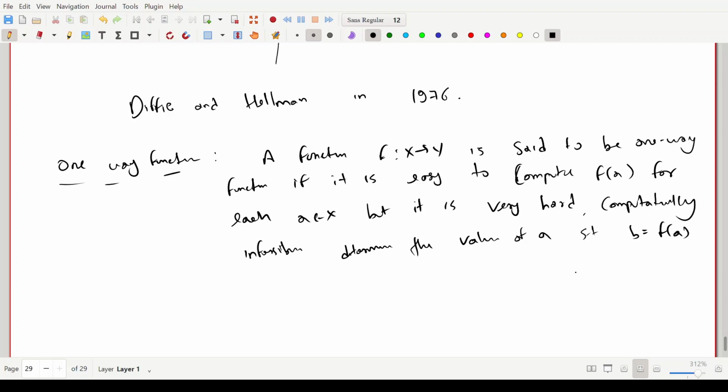That means finding the pre-image of b is hard. So that's why it is called a one-way function.